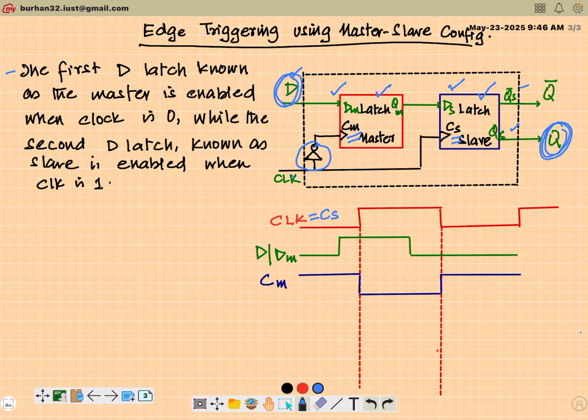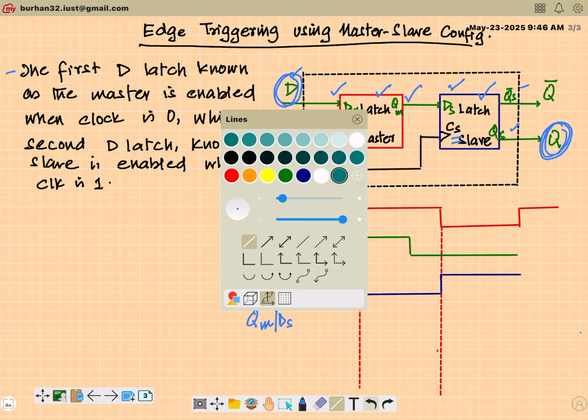Now let's first plot what will be the output QM, which by the way will be the input to the slave latch. This is a latch, so this is typical latch behavior.